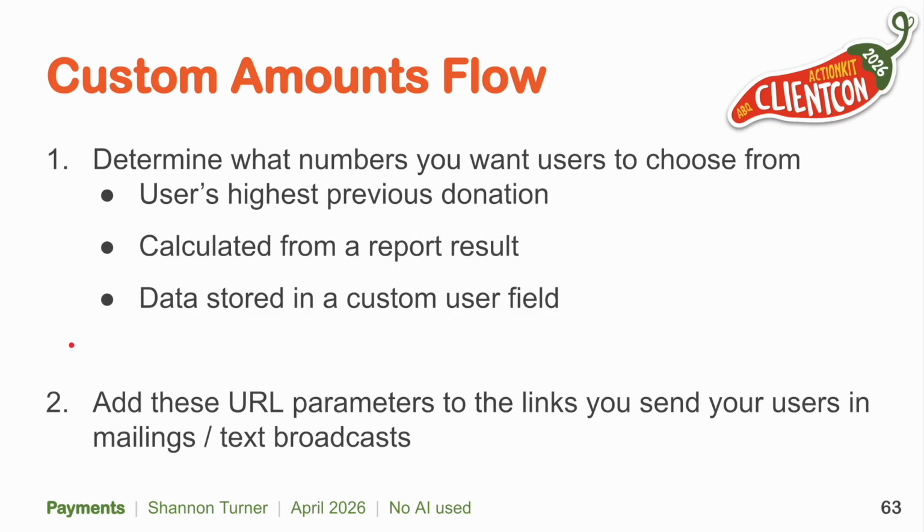Maybe you want to run a report and use the results of that report to determine how much to ask for. Or maybe you have data stored in a custom user field and you're going to use that as your basis. Regardless, once you've figured out how you're sourcing those numbers, you then have to add the URL parameters to the links that you send to your users.